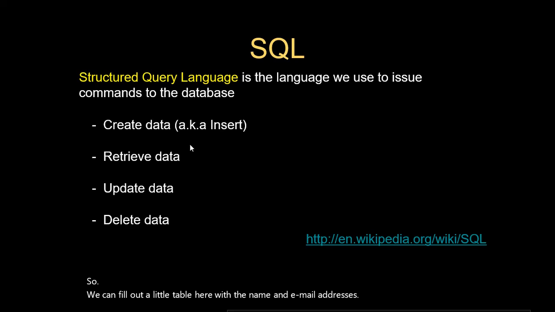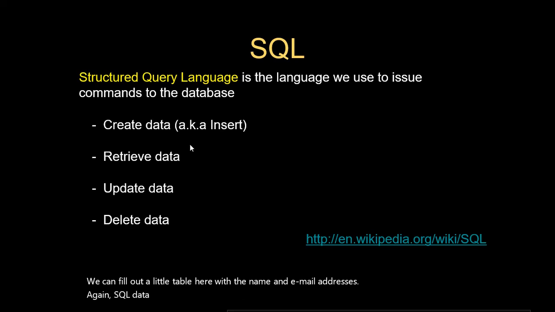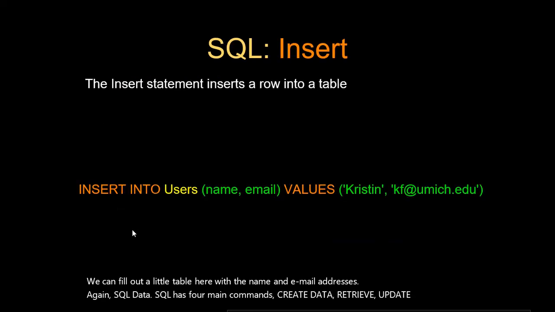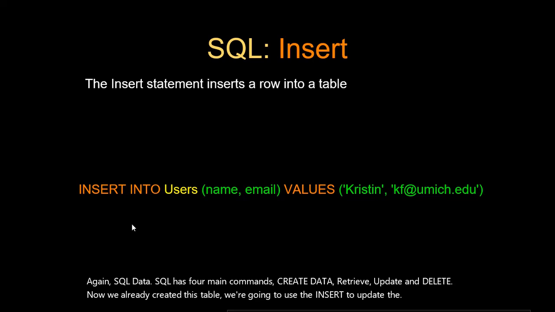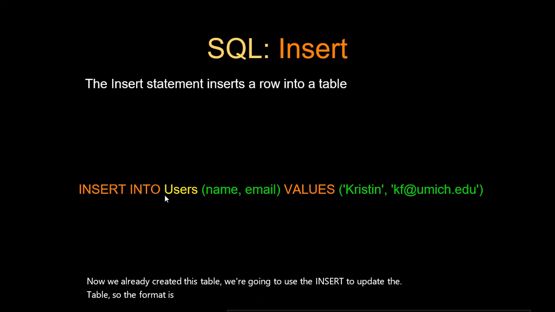Again, SQL has four main commands: create, retrieve, update, and delete. Now, we already created this table. We're going to use the insert to update the table. So the format is insert into the name of the table that we have, which is user.